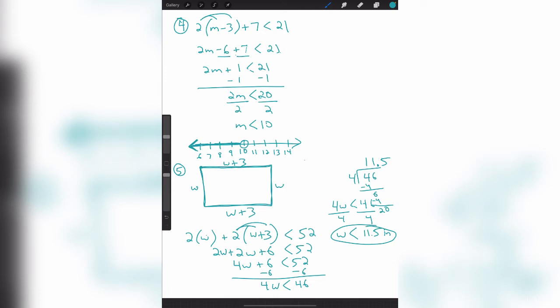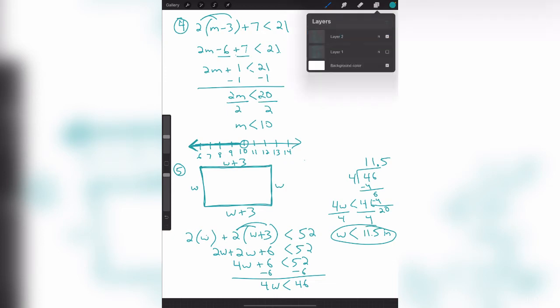All right. Moving on to the next one. Let's go to number 6. It says the cost of a field trip is $220 plus $7 per student.